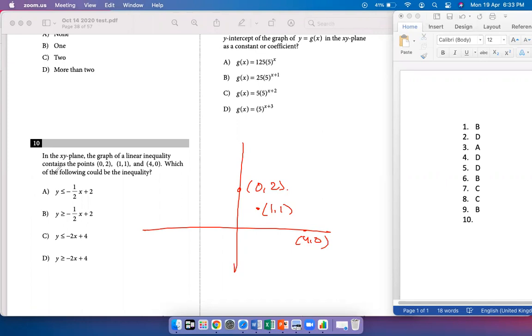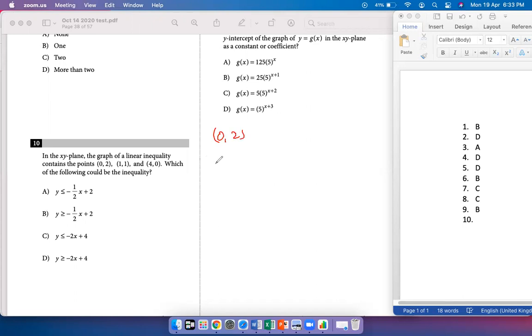If we can just start checking for each of these. Let's say the first one, I'll just start with (0, 2). For the first option, 2 is less than or equal to 2, which is fine.